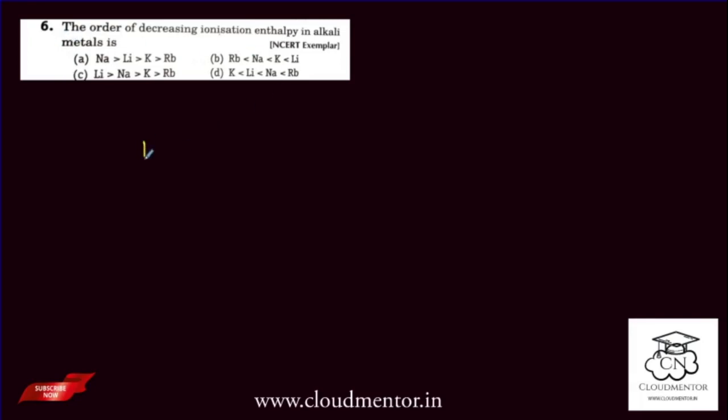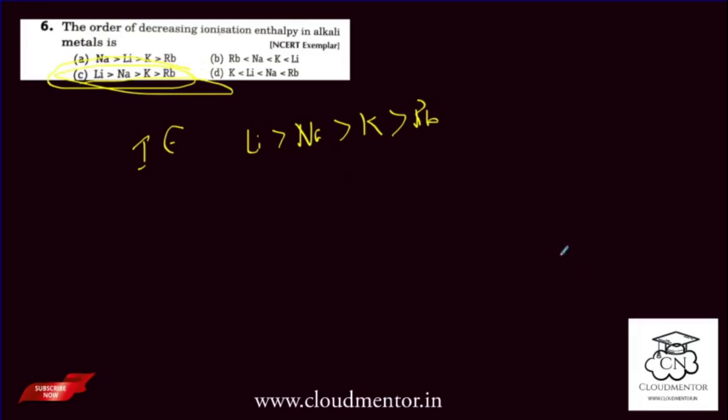So lithium has greater ionization energy than sodium, than potassium, than rubidium, because the size is in the reverse order. Rubidium is bigger than potassium, and lithium has a small size. So option C is the right answer.